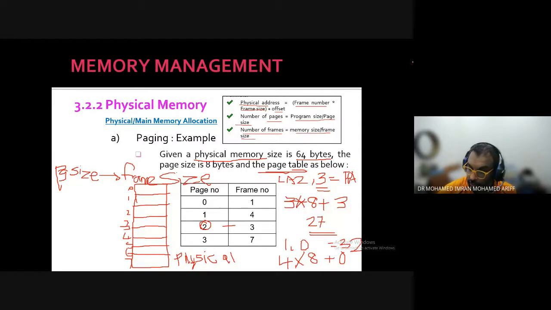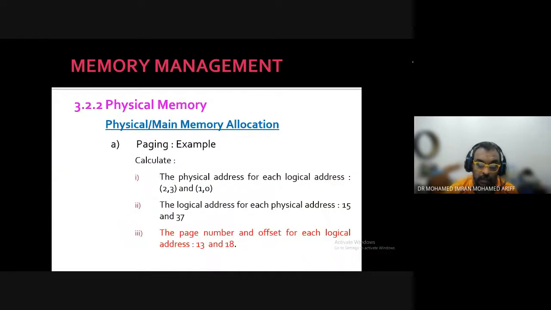And you're also given the page numbers and the frame numbers: pages 0, 1, 2, 3, and the frame numbers are 1, 4, 3, 7. Okay, so you're given all this. So now, can you calculate the logical address for physical address 15? Who can calculate?